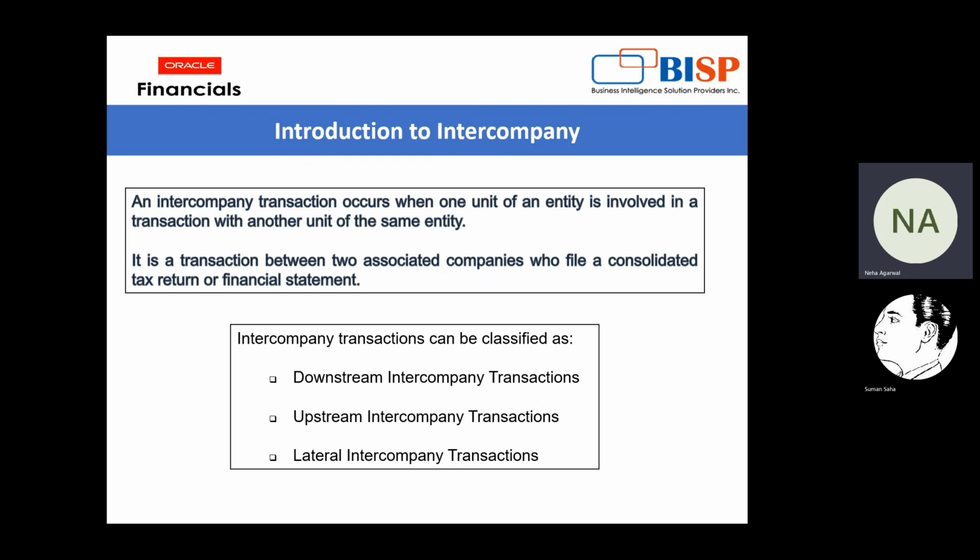The accounting treatment for intercompany transactions is such that both entities have to recognize the transaction. So an intercompany transaction is recognized in the financial records of both units of the entity. From the consolidated entity perspective, the transaction is initially unrealized because unrelated parties are not involved.